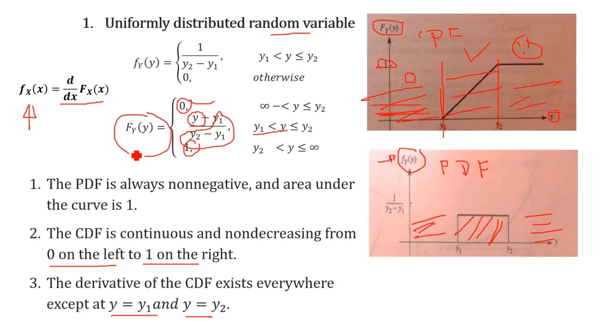Later we know this relation: the PDF is the differentiation of the CDF. The differentiation of 0 is 0. The differentiation of 1, a constant, is 0. Then the differentiation of this term becomes 1 divided by y2 minus y1. That you have to note here. There is a slight mistake here, it is varying from minus infinity to y1.